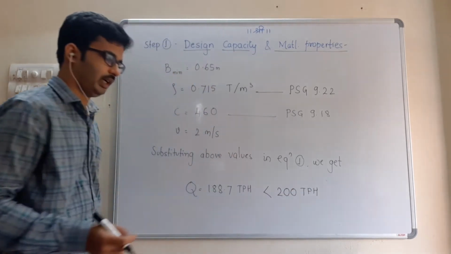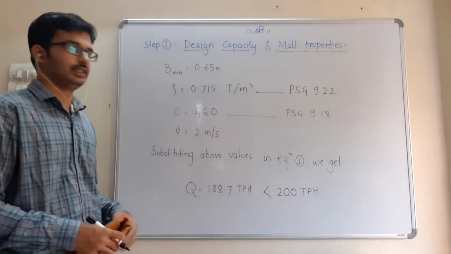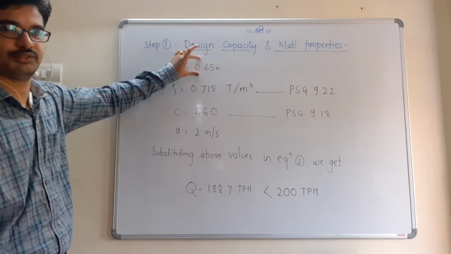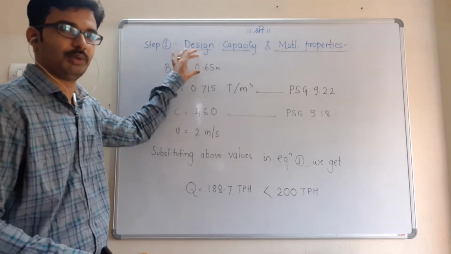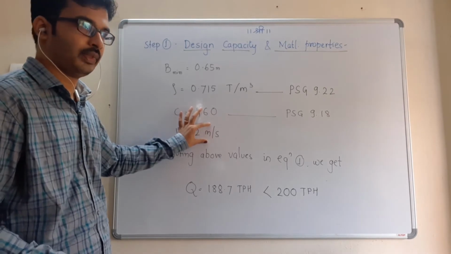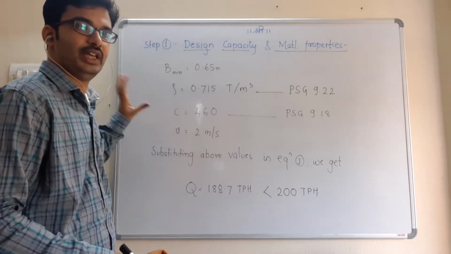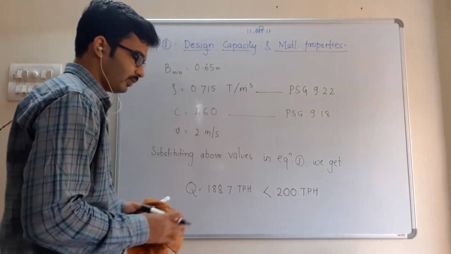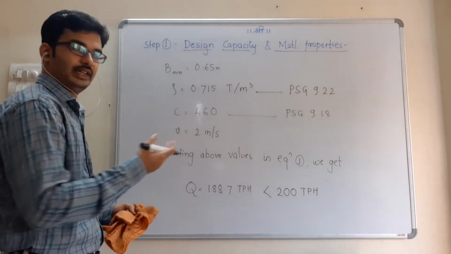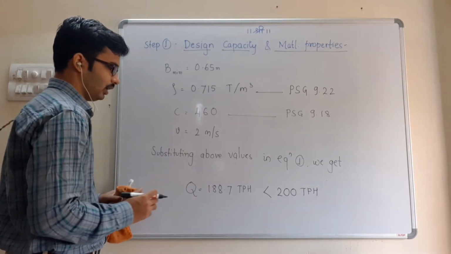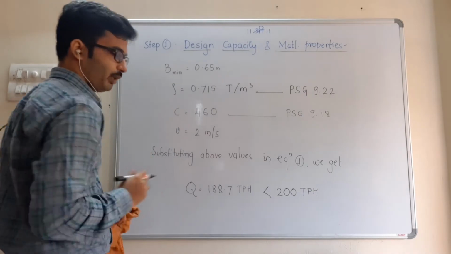So we will comment that our selection with this criteria, that is B min as 0.65 meter, 650 mm, and velocity of 2 meters per second, fails in the design aspect. So we have to select the next standard size of the belt. That is our comment based on these two parameters.